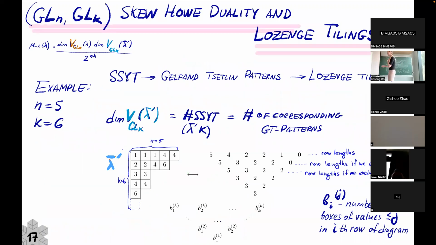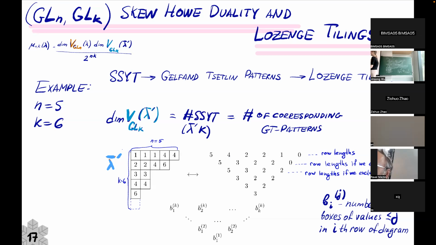So that was one combinatorial correspondence for GL and GLK. Another one is that we can actually use the GT patterns or the lozenge tilings. So right now we have understood that the dimension of the module corresponding to lambda bar prime is equal to the number of semi-standard tableaux of the shape lambda bar prime filled with numbers from 1 to 2.